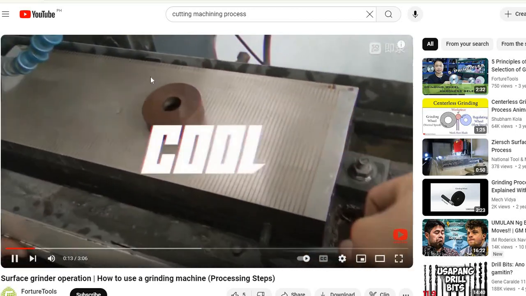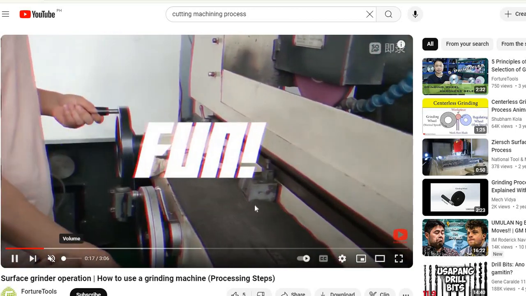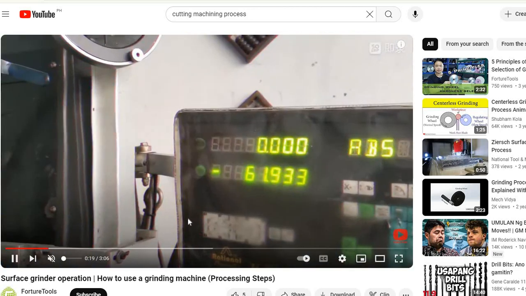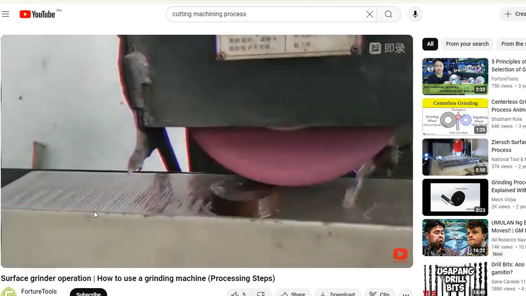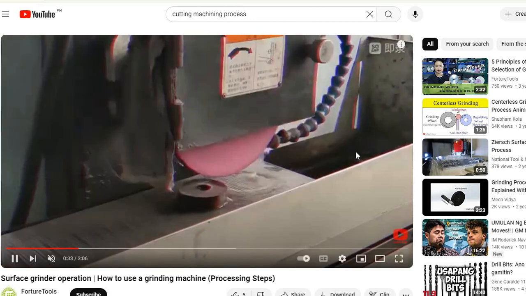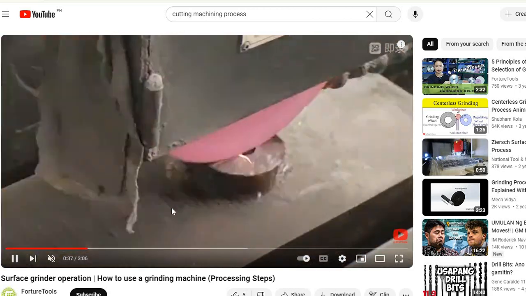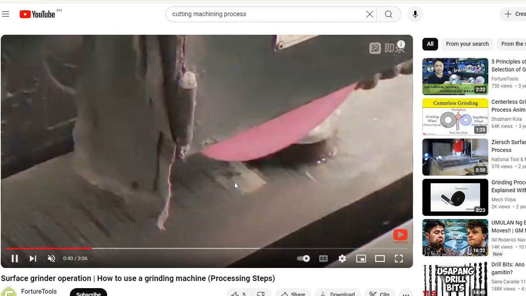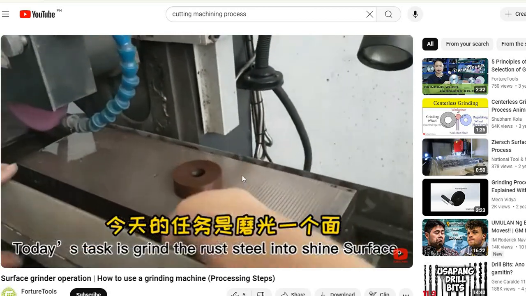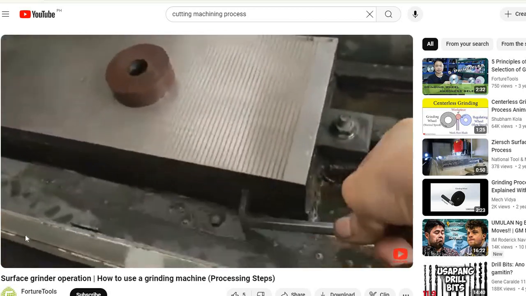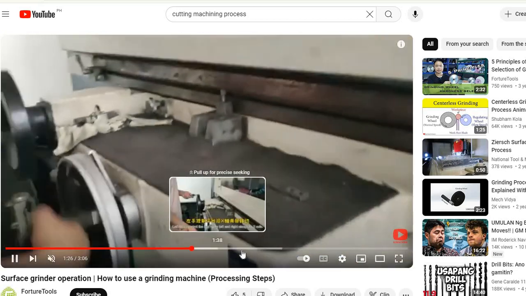As you notice, the workpiece has many imperfections to it. It uses this surface grinding operation to make the surface more shiny. So let's fast forward it.